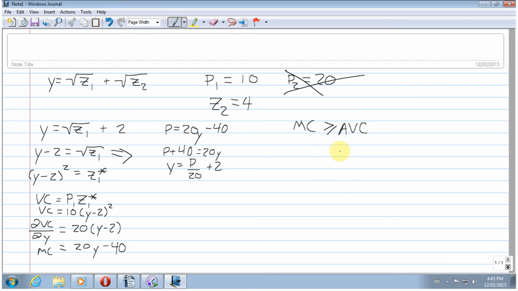So we already know that marginal cost is 20y minus 40. But what's average variable cost? Well, it's variable cost divided by y. So I'm just going to take a brief aside here and expand y minus 2 squared.